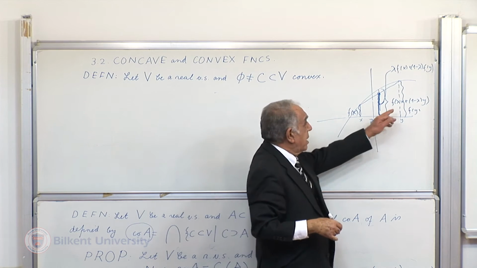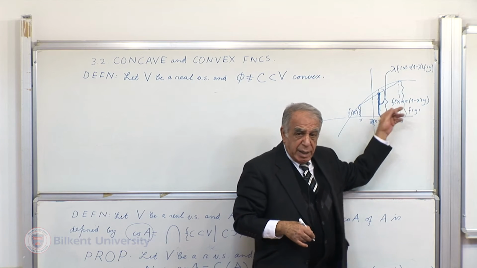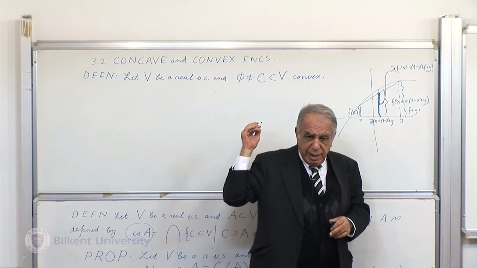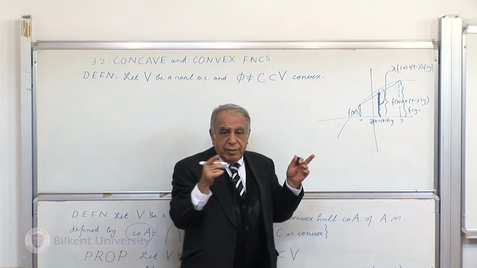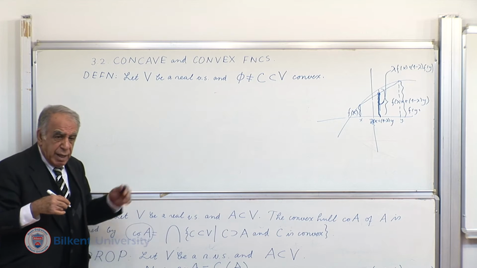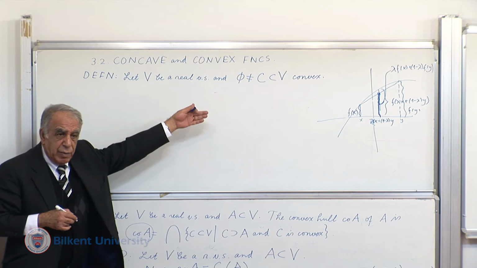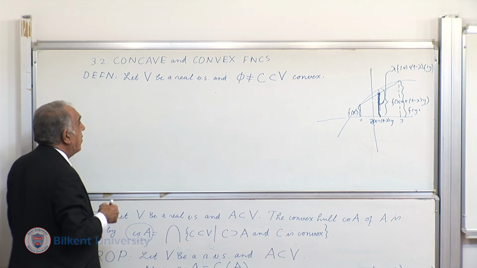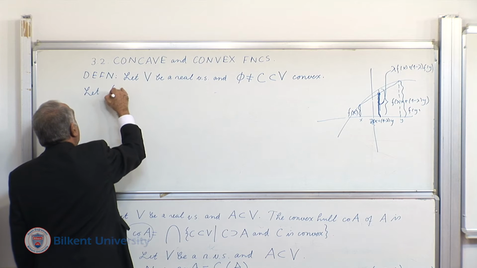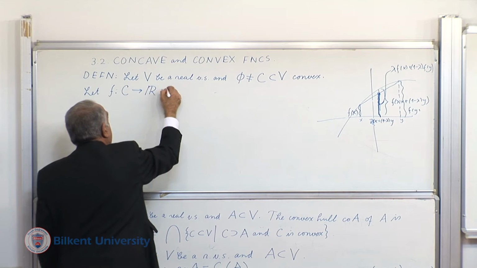Well, because for this condition to make sense, if x and y are in the domain of the function, which will be C here, then the segment from x to y, that is lambda x plus 1 minus lambda y, for any lambda in the unit interval, that should be in C as well. So we'll take the domain as a convex subset of V. Now let f on C to R be a function.